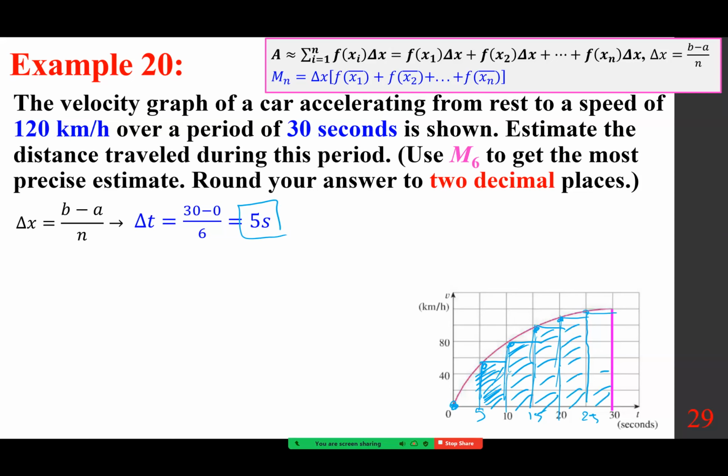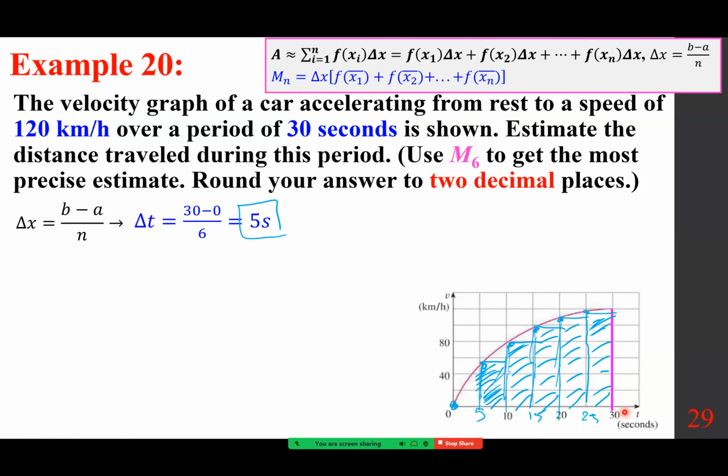Now I can find, for example, this height as f of 5, this height as f of 10, this height as f of 15, this height as f of 20, this height as f of 25. And I don't use the last one because I'm talking about the left endpoints. That's a rough estimate of the area under the curve and the distance.